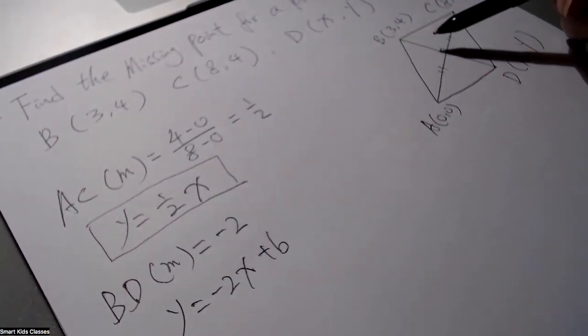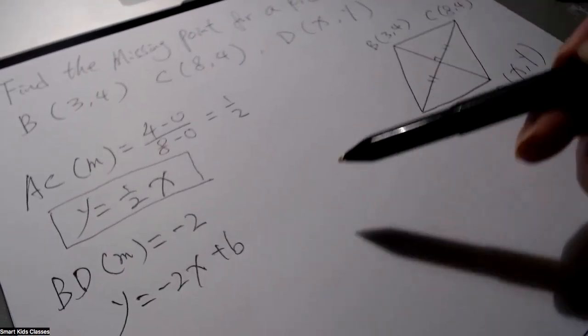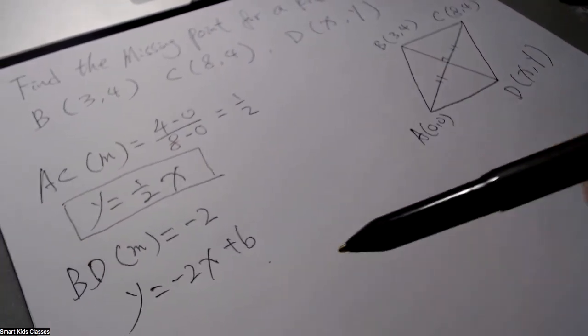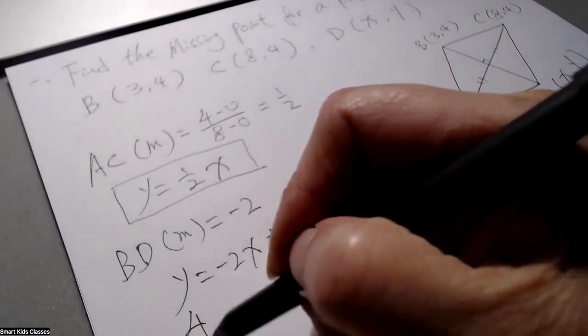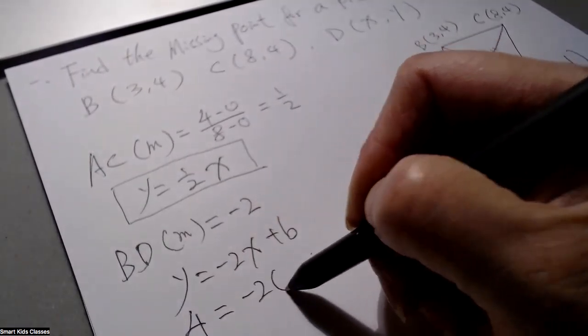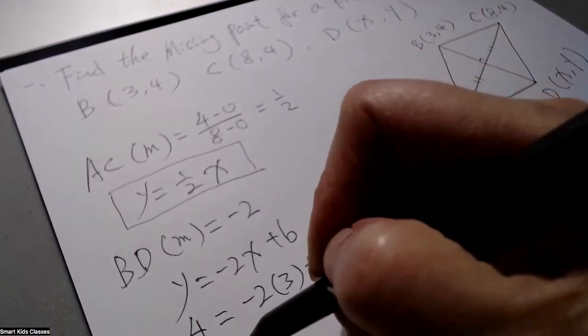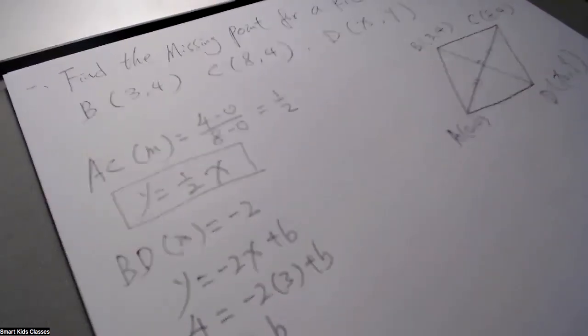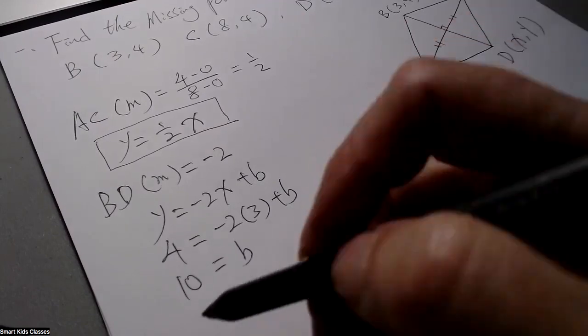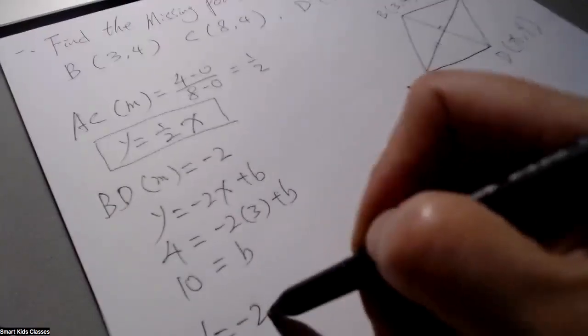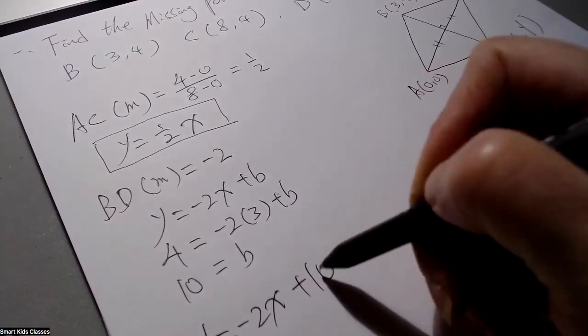We apply the B point to find this y-intercept. When y equals 4, x equals 3, and plus b, b is equal to 10. So y equals negative 2x plus 10.